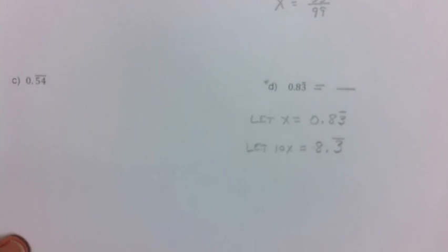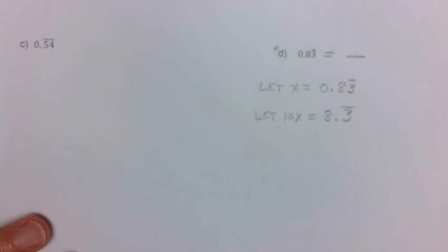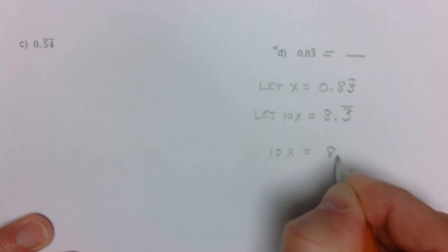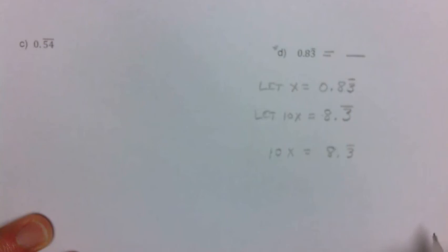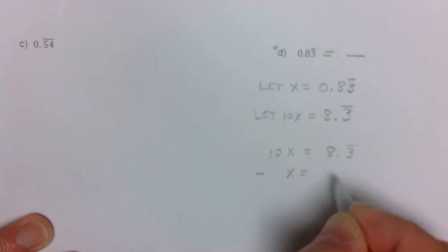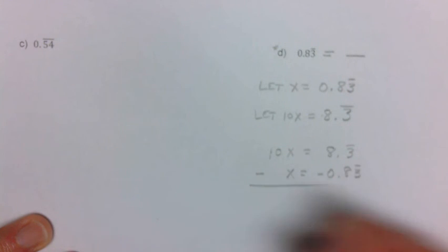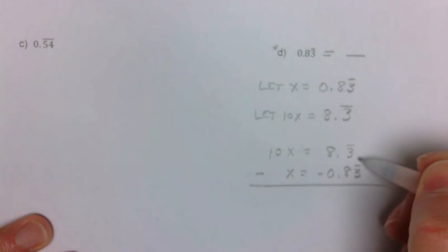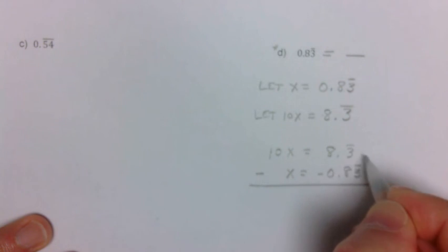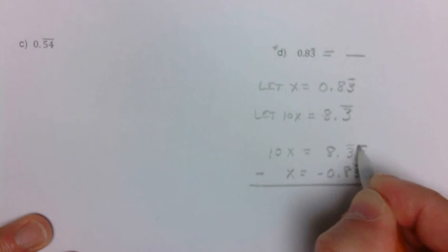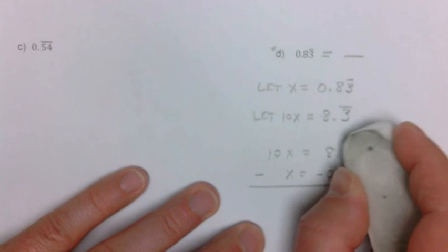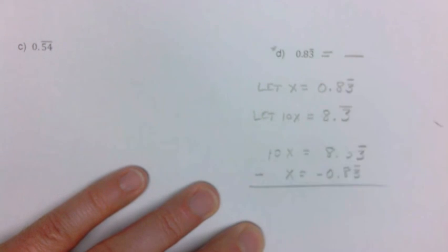Now I'm going to go ahead and set up my subtraction, bigger x first. 10x equals 8.3 repeated, minus x, which is going to subtract off 0.83 with the 3 repeating. Okay, now there's nothing above this 0.3 repeated, but remember, after this 3 is a whole bunch of other 3s, so I can actually put my repeated spot there.